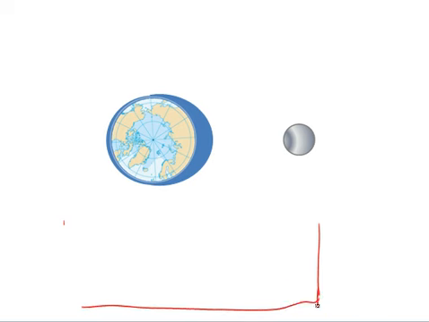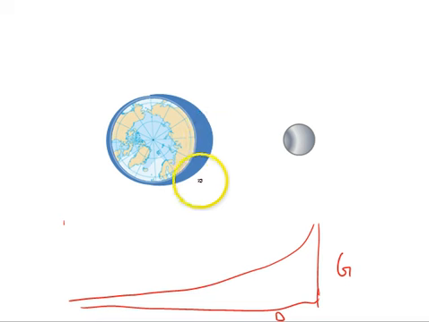This is gravity, and this is distance. As you're close to the moon, the gravity is high, and as you get further away, the gravity drops off. So this side of the Earth experiences a pull of gravity of a certain strength, but this side of the Earth also experiences gravity, but it's not quite as strong. The pull isn't as great.